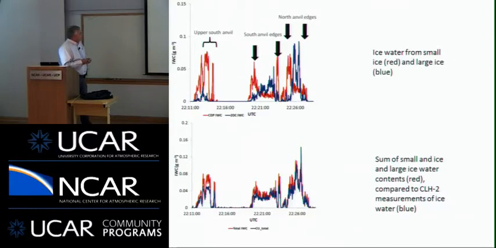So you can see the relative contributions to the water content from the cloud droplets and from the large aggregate particles separated here. And they're not terribly well correlated. But when you add the two together and you plot them against the independent measurement of mass from the CLH2 instrument, we find that the correlation is quite good.